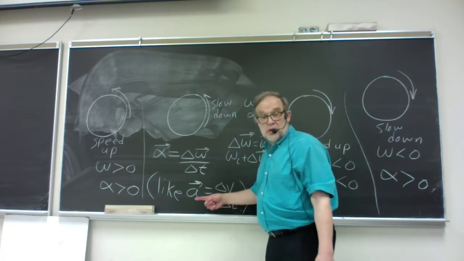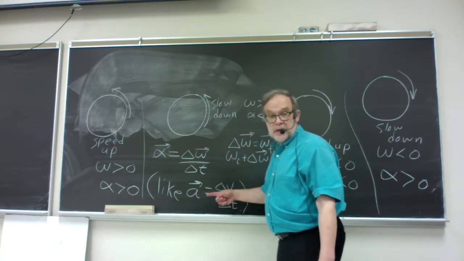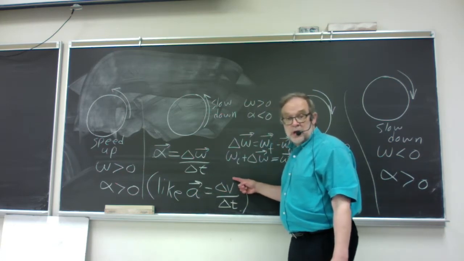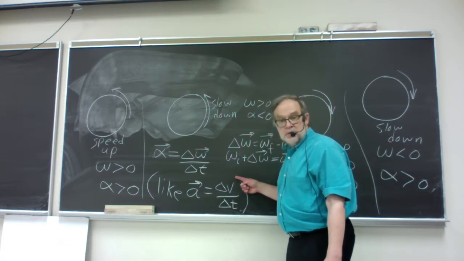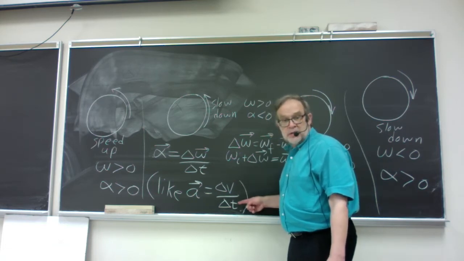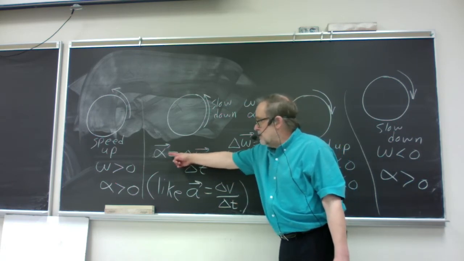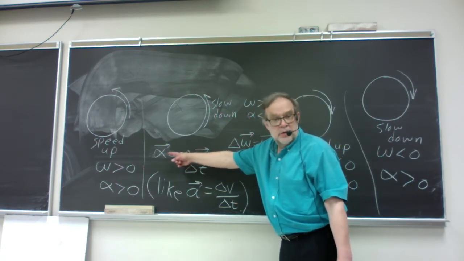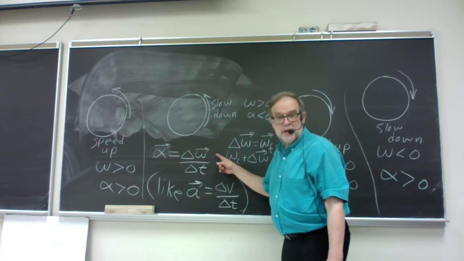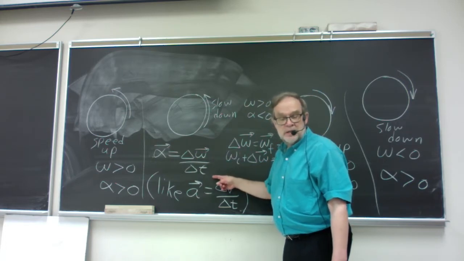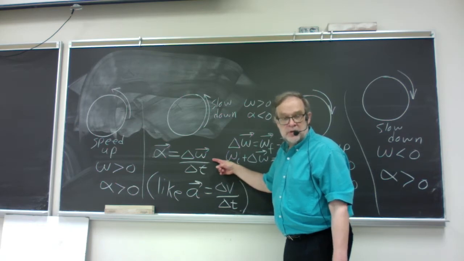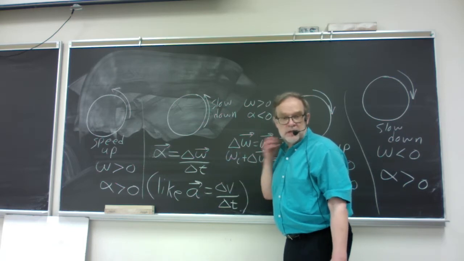Just as regular acceleration in meters per second tells you how much velocity change you get in any length of time, angular acceleration in radians per second tells us how much angular velocity, the rate of change of angular velocity, how much angular velocity change there is in any given amount of time.